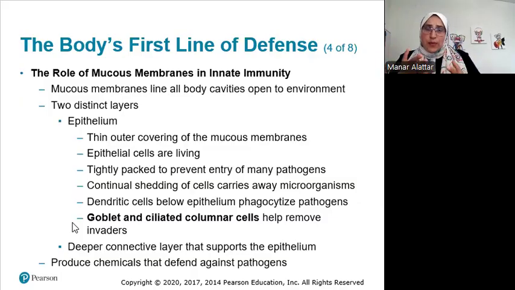The goblet cells release the mucus, it has those various chemicals, it starts to pick up some of the microbiome, and then it's moved through that area by ciliated epithelial cells. Oftentimes, particularly in the respiratory tract, the mucus is moved out, essentially releasing any pathogens that might be lodged in that mucus.